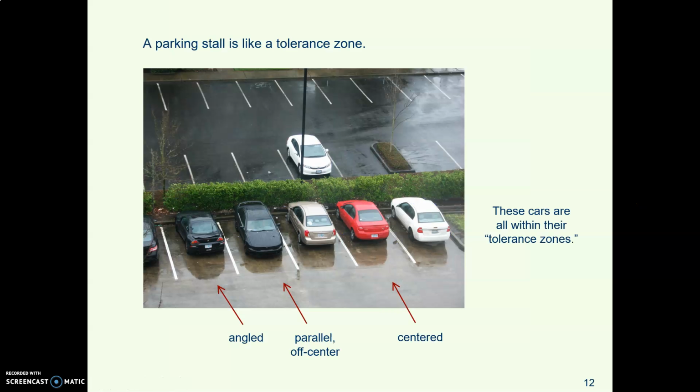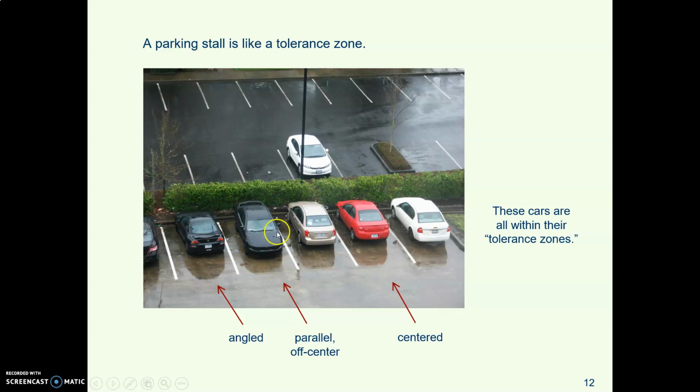Here's an illustration of a tolerance zone, a kind of an analogy. Parking stalls in a parking lot with cars in them are like tolerance zones for position tolerances. So here, this red car is within its zone, it's between the spaces, and it's centered and it's nice and square.